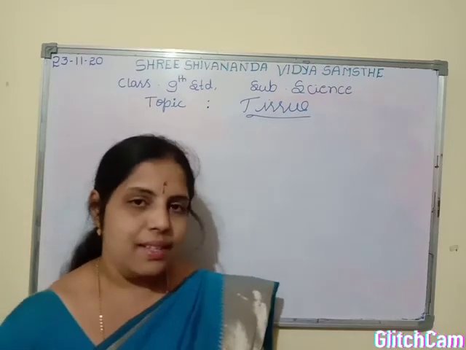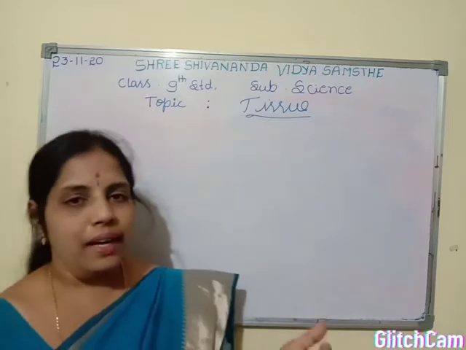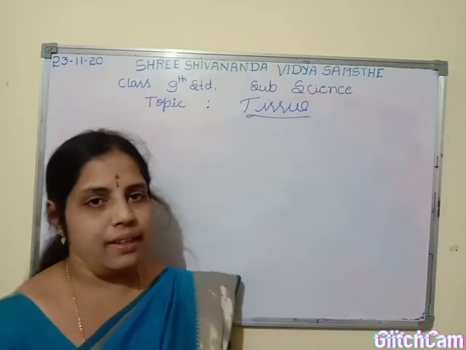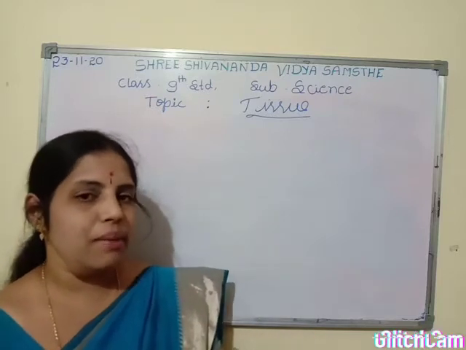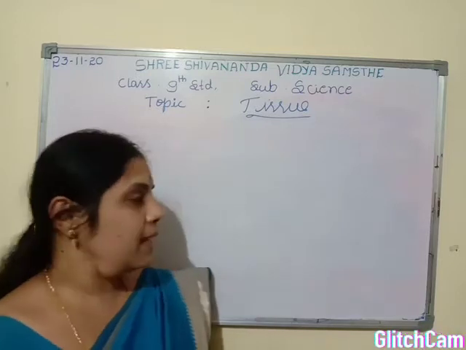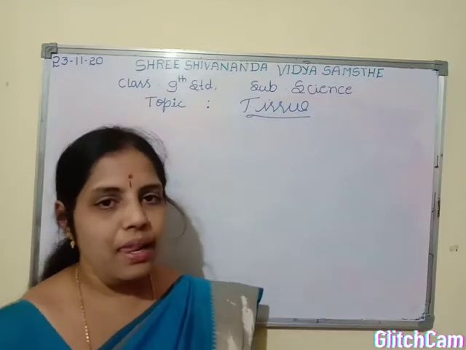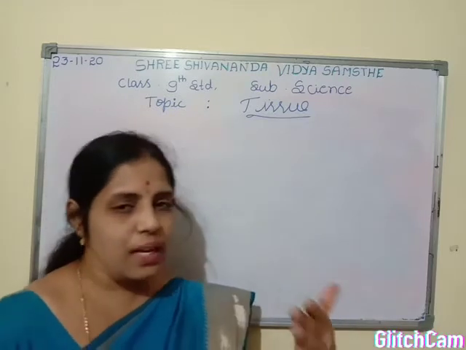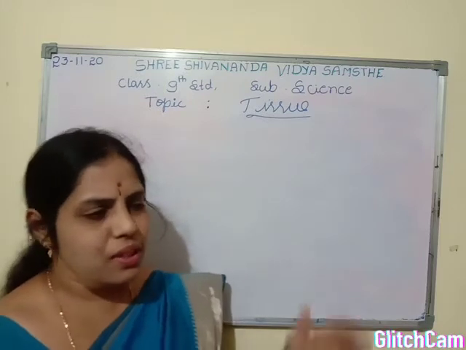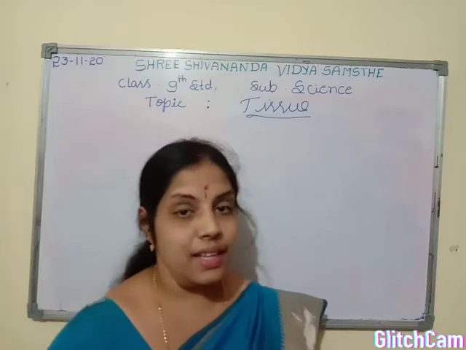Simple permanent tissue is classified into three types: parenchyma, collenchyma and sclerenchyma. The complex permanent tissue is xylem and phloem. One more tissue is epidermal tissue, which is the outer covering of the plant.